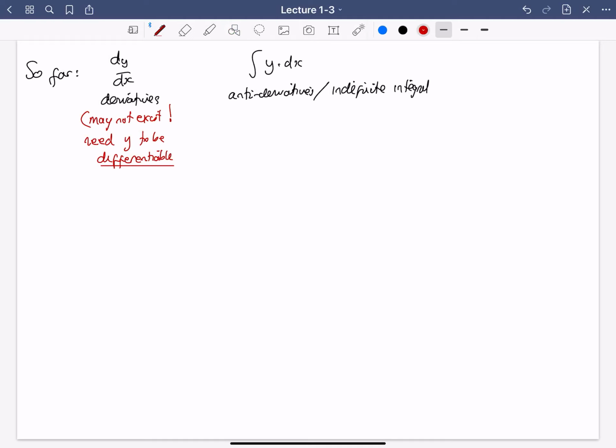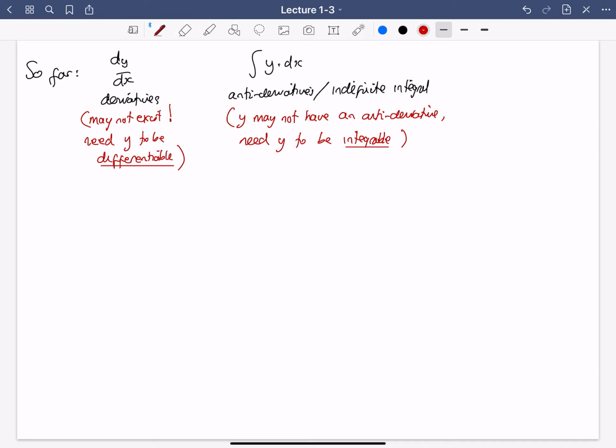Differentiable is if that limit that defines the derivative exists. And similarly, y may not have an antiderivative. You need y to be what's called integrable. So if you have some really crazy function, there won't be an antiderivative.